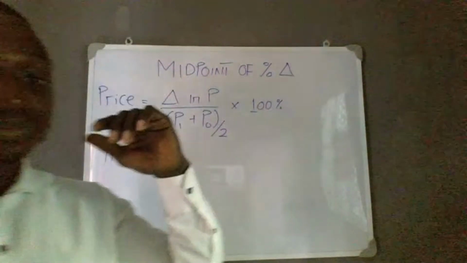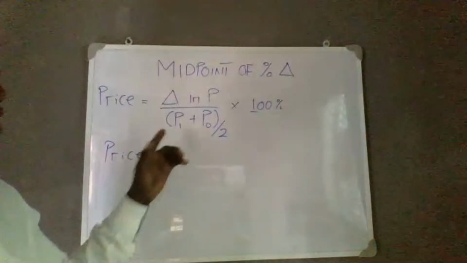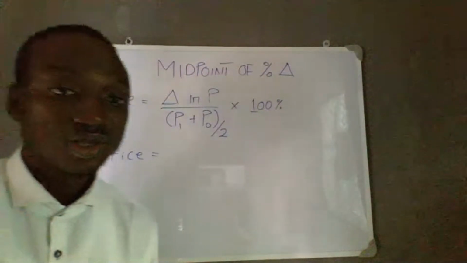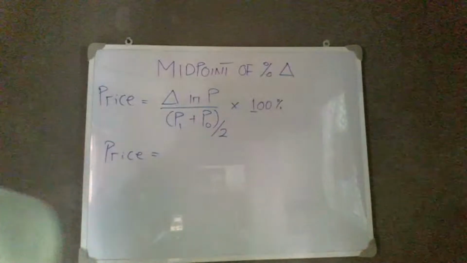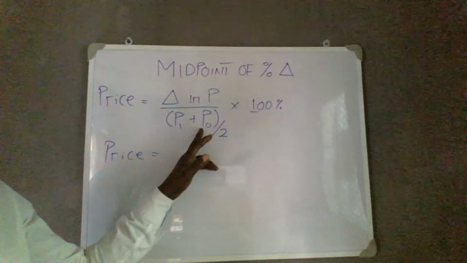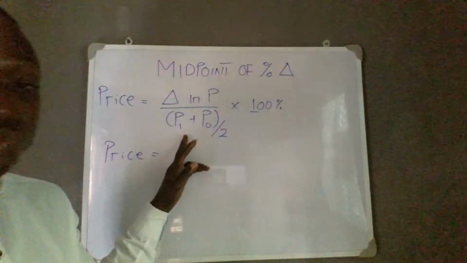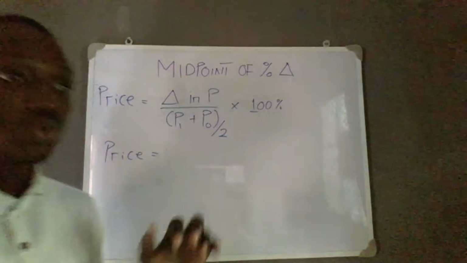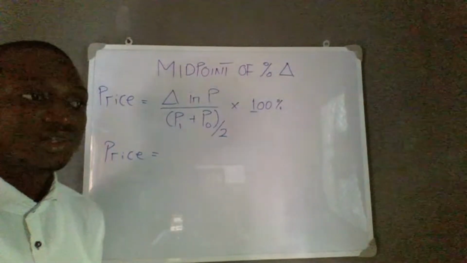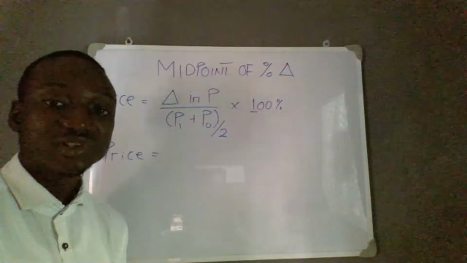So in our last class, there was an example we used as illustration, where the price dropped from 10 naira. The old price, P0, was 10 naira, and the new price is 7 naira. So we discussed that quantity demanded increases as a result of decrease in price.